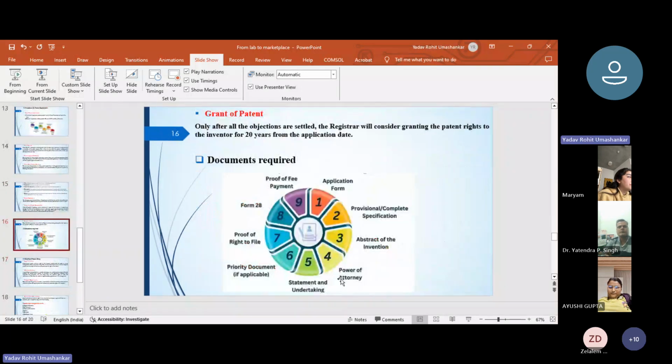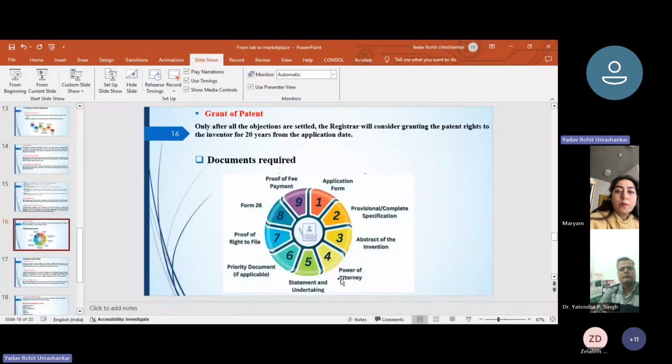So Form 28 is actually a form of rebate. If you are filing for a patent, it has some charges associated with it. You need to file, there is some fee. It is not free. The government provides some legal rights to you, so it is chargeable.